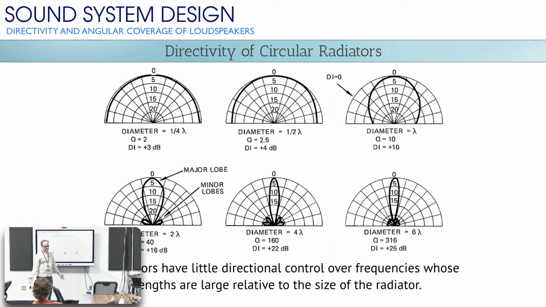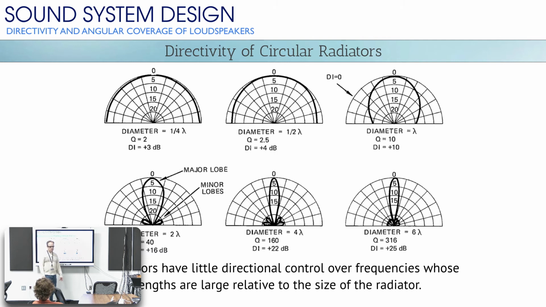Okay? So that's one thing you can understand: if you know this concept, you can look at any loudspeaker you want, and you can get a sense of how directional it's going to be, at least down to its lowest frequency. The other thing is this helps you understand why we put more than one driver in a loudspeaker.